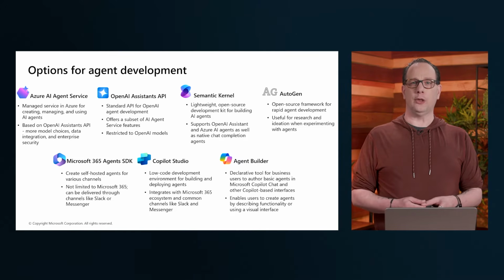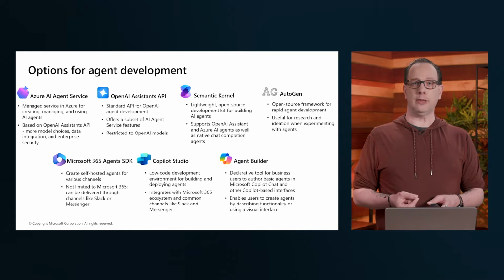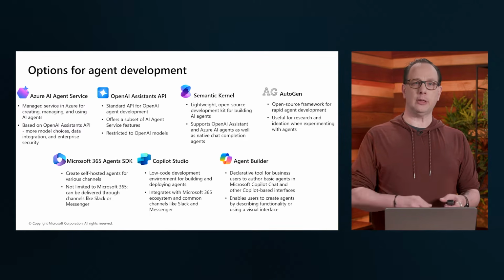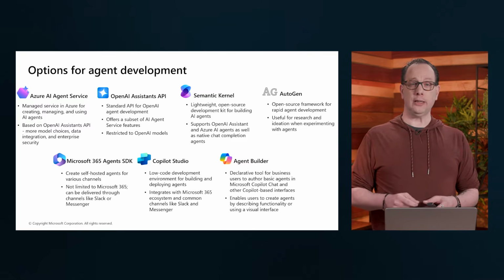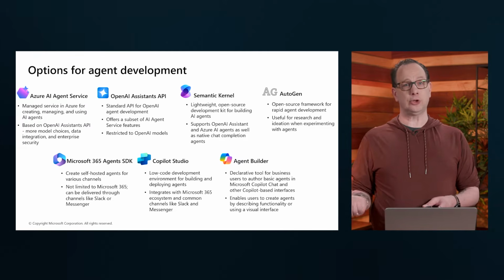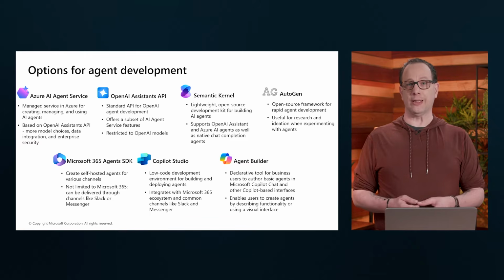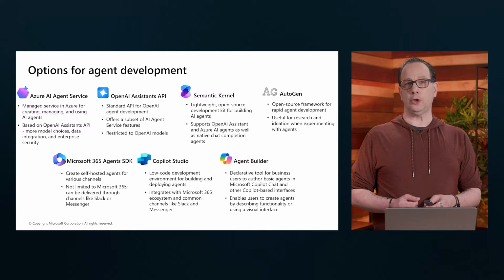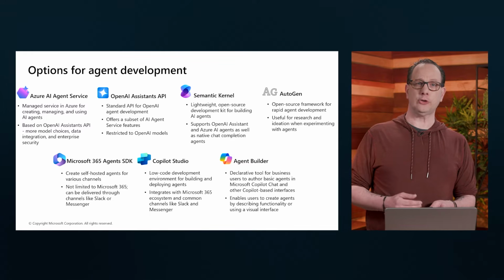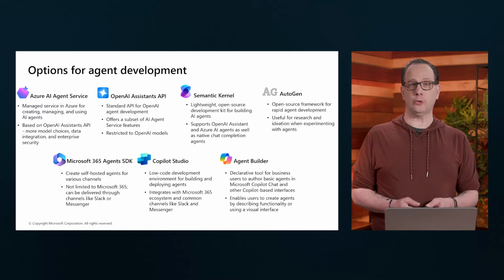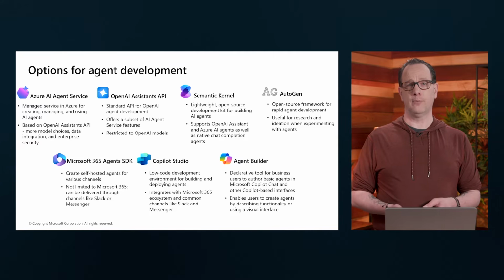Microsoft Copilot Studio provides a low-code development environment that citizen developers can use to quickly build and deploy agents that integrate with a Microsoft 365 ecosystem or commonly used channels like, again, Slack and Messenger. The visual design interface of Copilot Studio makes it an excellent choice for building agents when you have little or no professional software development experience.